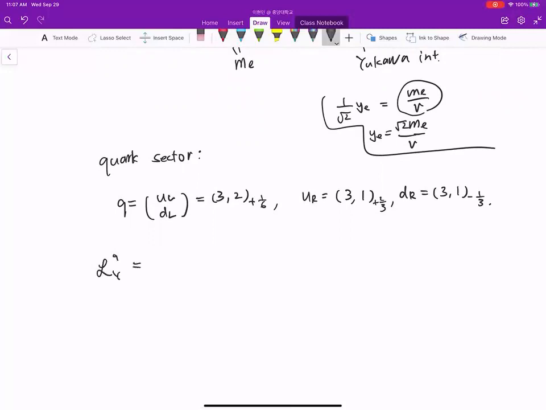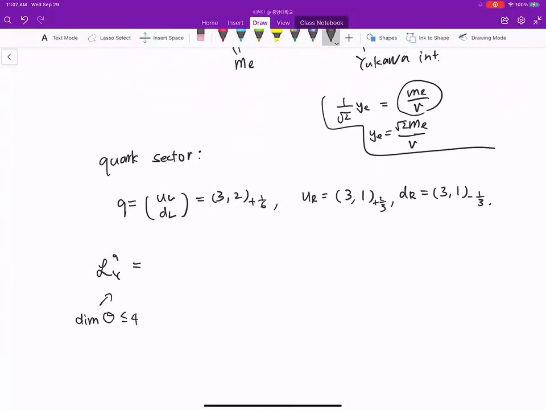And then you can construct the most general renormalizable Lagrangian. Renormalizability is required here, otherwise you can keep adding more terms. So we are constructing operators of dimension smaller than or equal to 4.